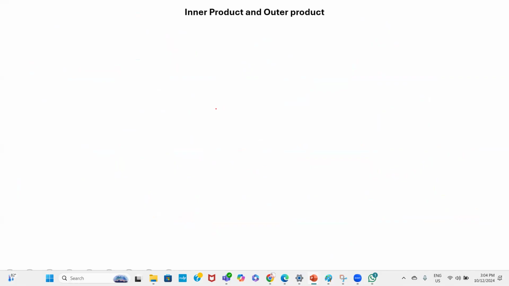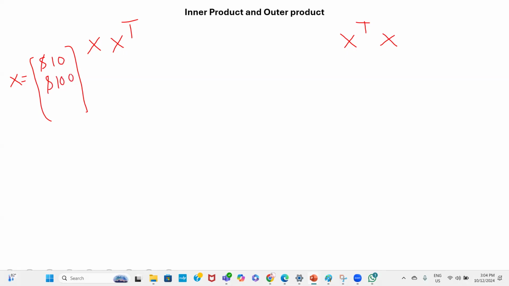And you have to understand what is inner product and outer product, what is matrix inner product and what is matrix outer product. So let's take an example of x into x transpose into x. Let's take x as something like this: 10, 100, 200.